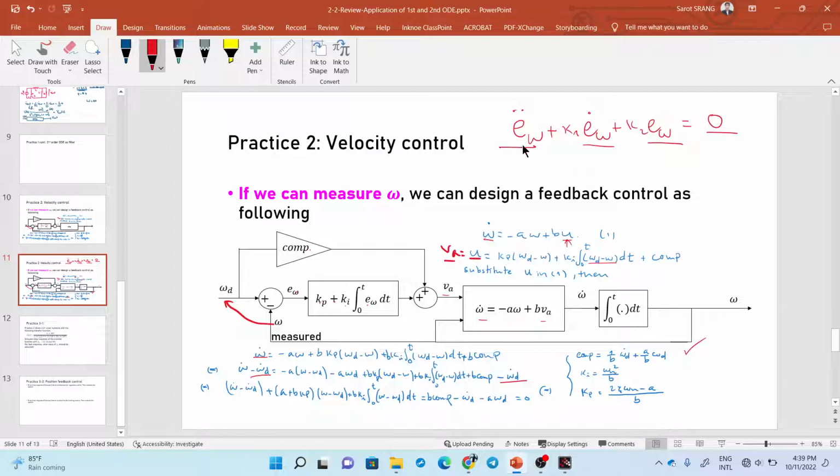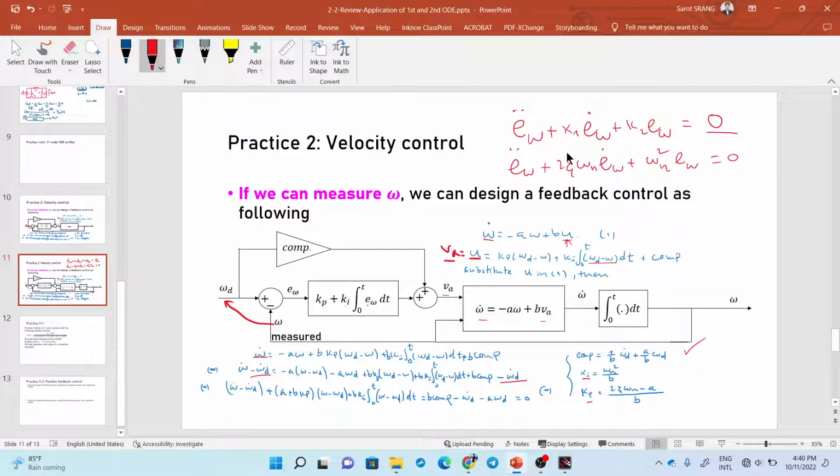Actually, when I derive the equation like this, I compare it to the standard form: 2 zeta omega n e dot omega plus omega n square e omega equal to 0. Inside this, k1 and k2 are functions of kp and ki.